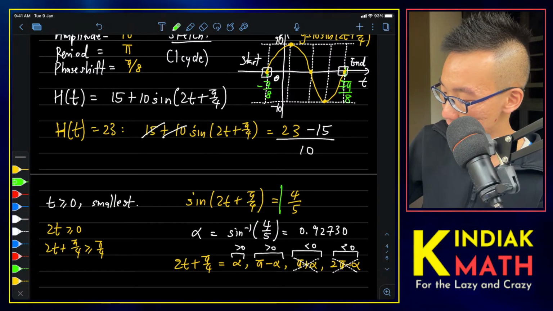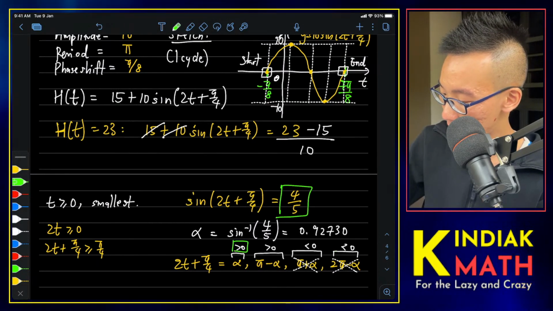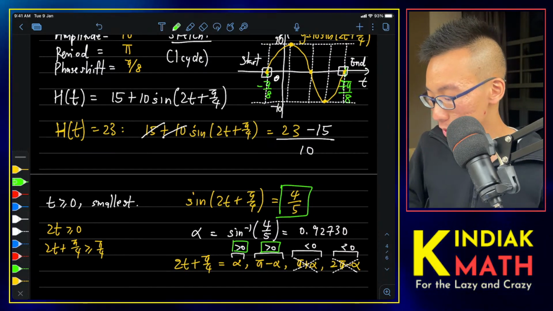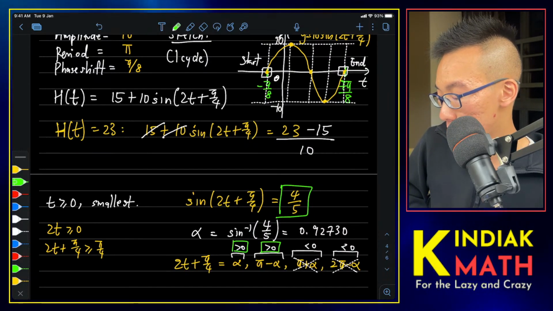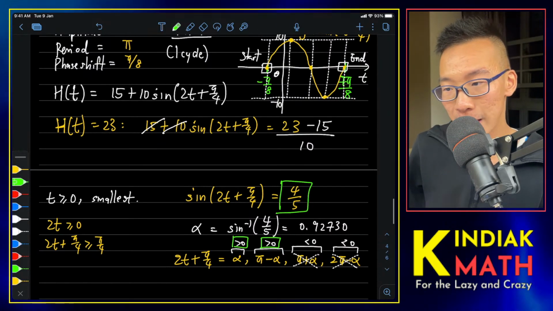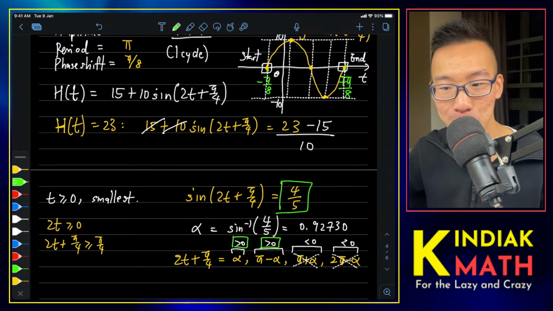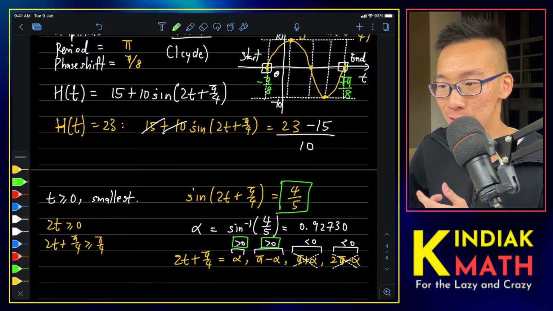But we want the result to be positive. And what's even more interesting is that we could take these two options, and there are actually infinitely many options. We can just keep adding 2 pi to get all of our solutions.